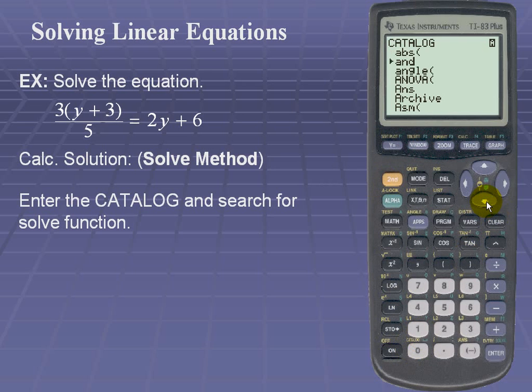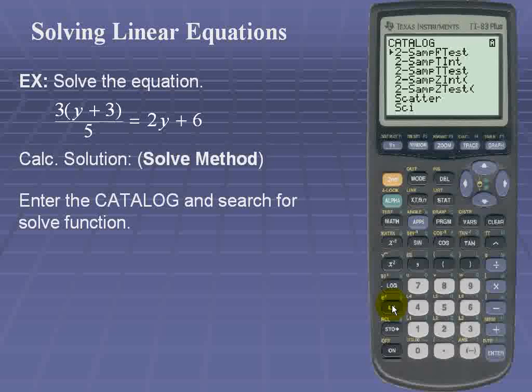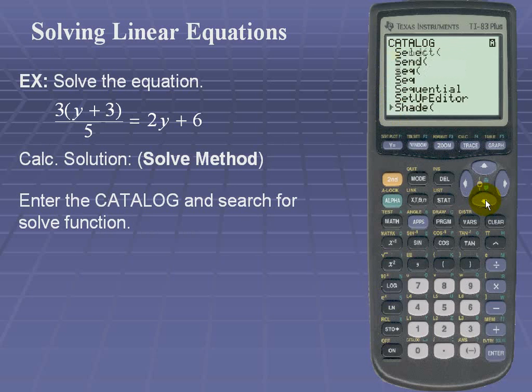I can either scroll down to my S's, or I can take a shortcut by locating my green lettering for S and pressing that key. And notice it takes me to my S's. From this point, I'm simply going to scroll down to find solve, and I'm going to press enter.